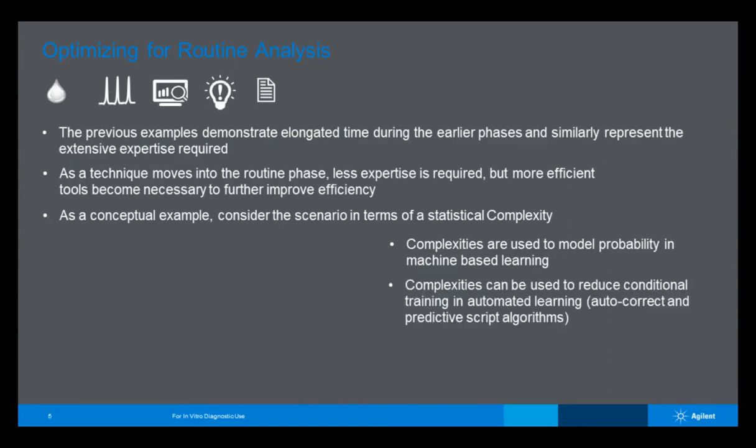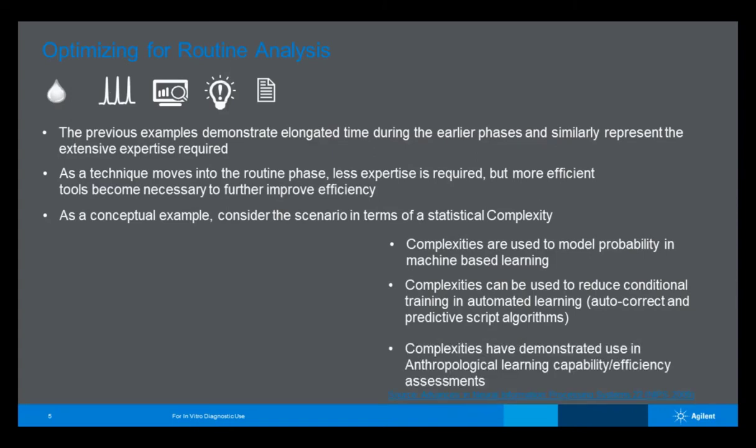They are also often used to reduce conditional training in automated learning, for example in things like autocorrect and predictive script algorithms. But they also have anthropological learning applications as well, and they've demonstrated that they can be used to determine training for humans as well.